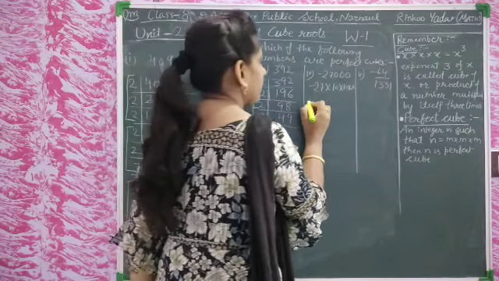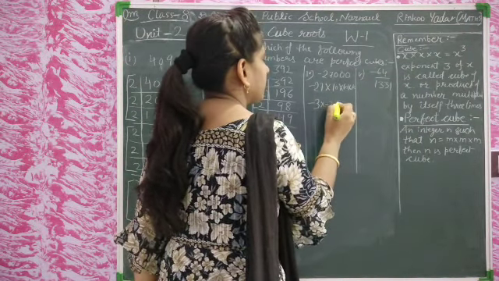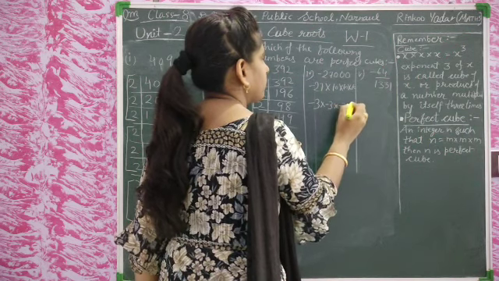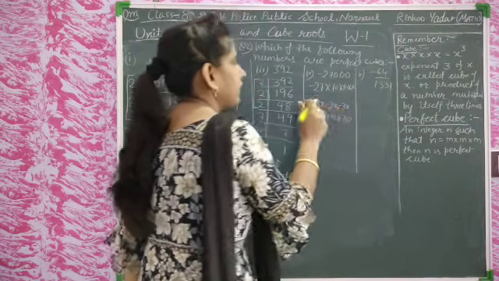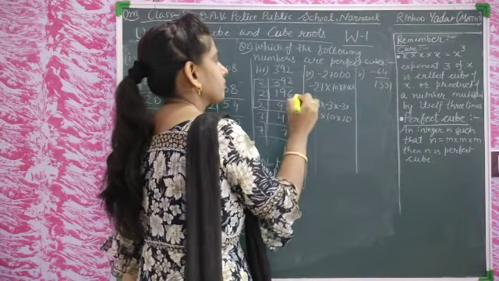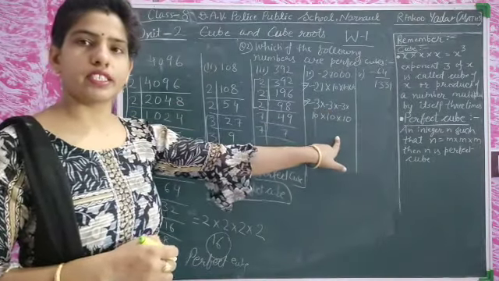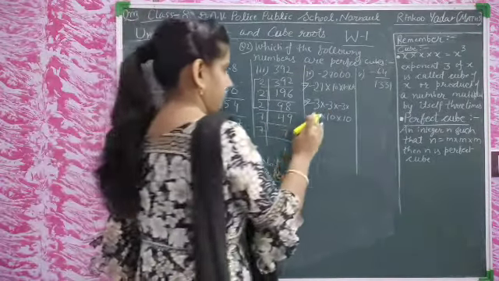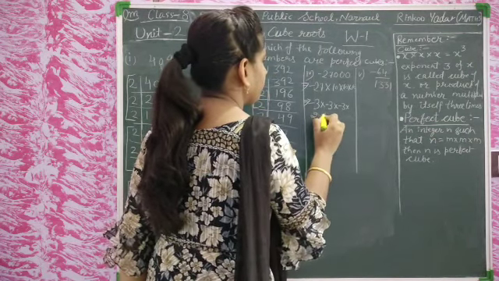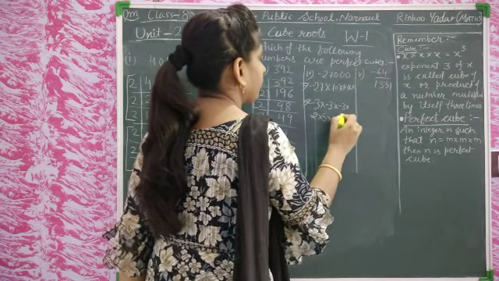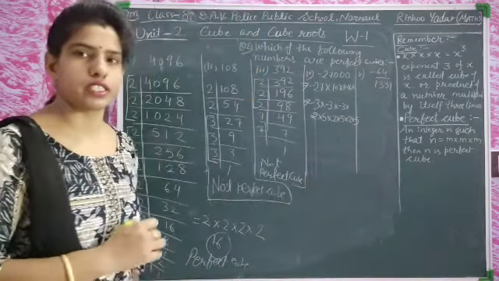It means we write here minus 3 into minus 3 into minus 3 into 10 into 10 into 10. This is the prime factorization here. Again we take 2 into 5 into 2 into 5 into 2 into 5. This is the prime factorization here.